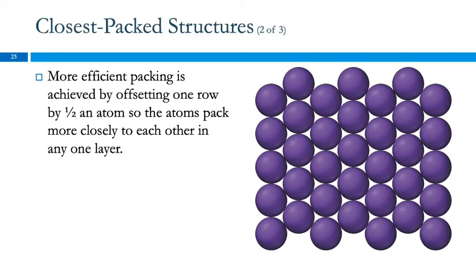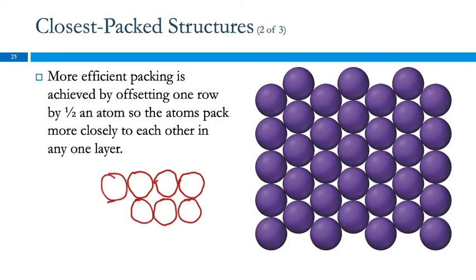That makes sense? This is what the other one looked like, where they're lined up with each other in both directions. Here, they're not lined up across, they're staggered. And they fit together more tightly that way.